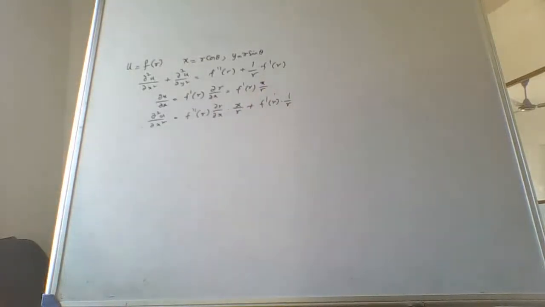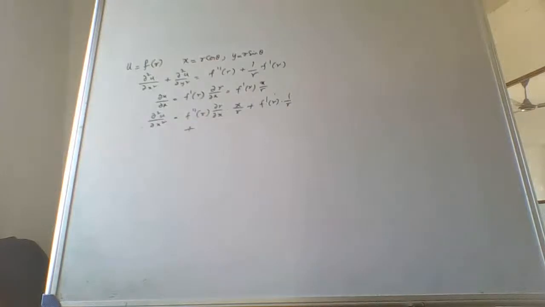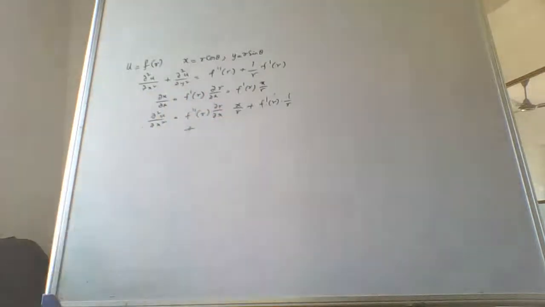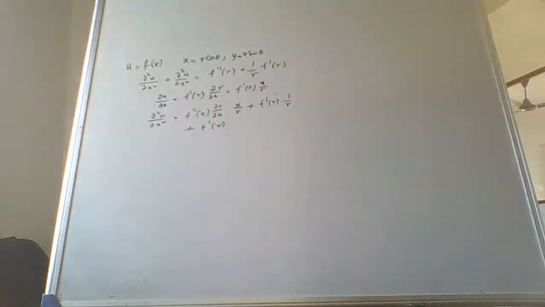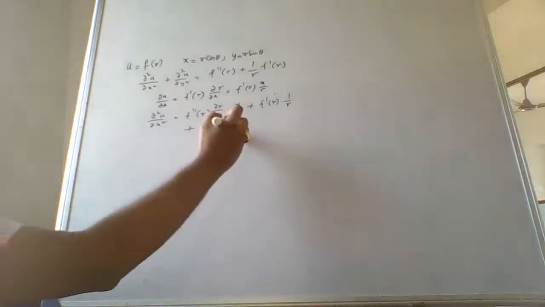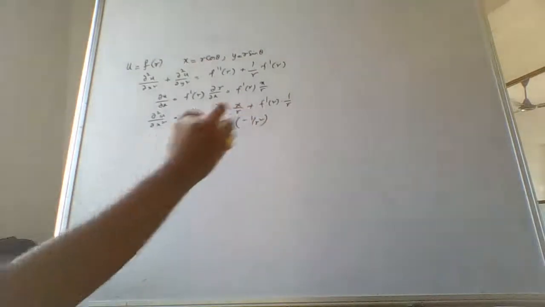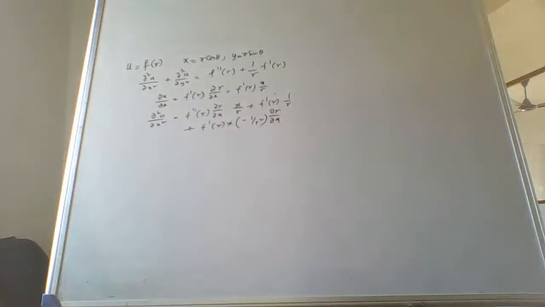That's done. Plus you'll have another term left out, f dash r into x into 1 by r square, and this is dou r by dou x.